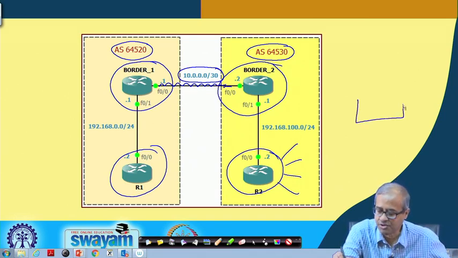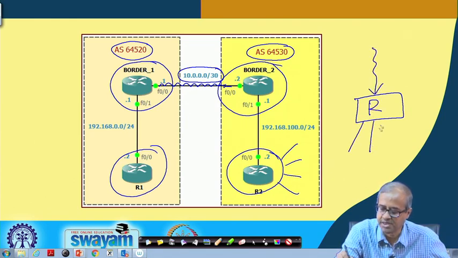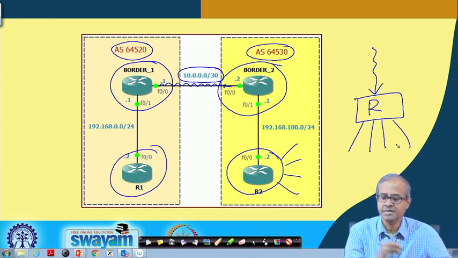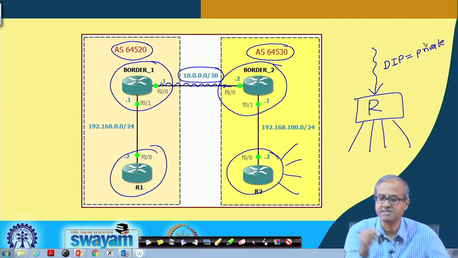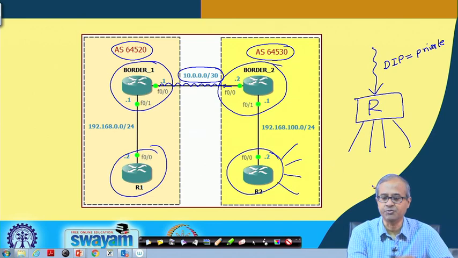Suppose I have a router and a packet arrives for routing, there may be multiple outgoing links. Suppose you see that the destination IP address, let us say DIP, is one of the private addresses, belonging to one of the private networks.